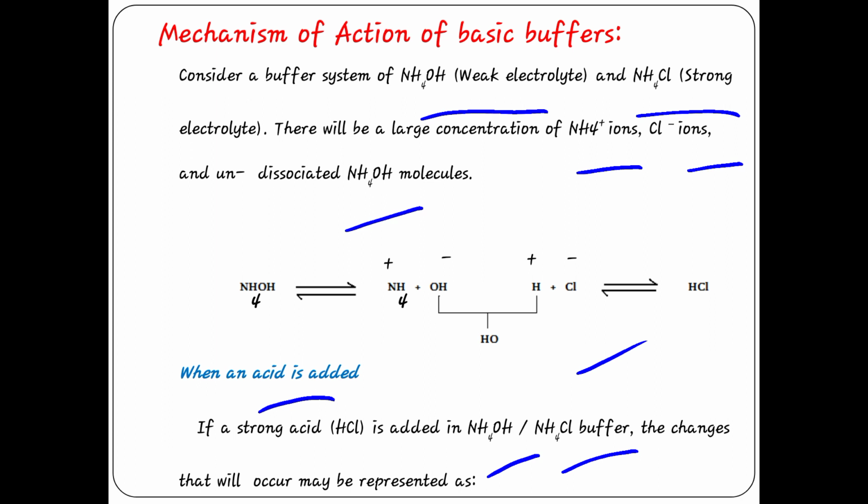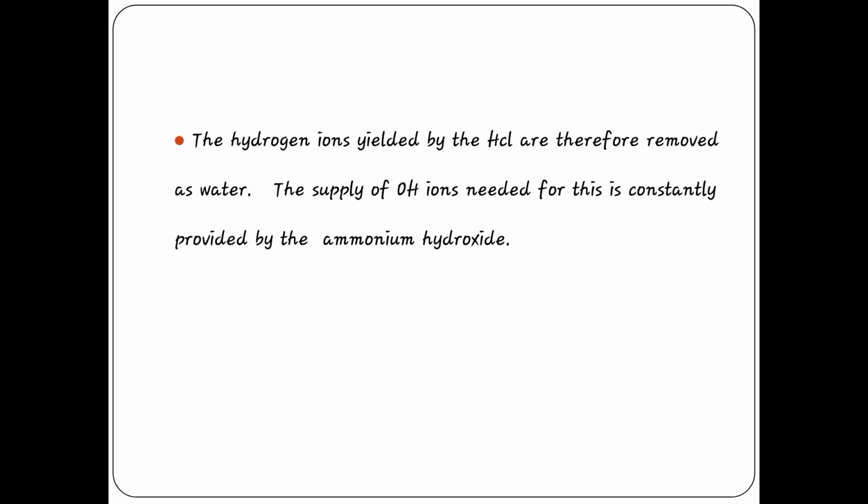When a strong acid is added to the ammonium hydroxide and ammonium chloride buffer solution, the changes that occur are represented as above. In the last reaction, the hydrogen ions yielded by the HCl are therefore removed as water.